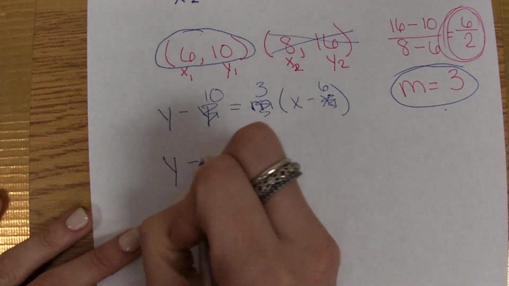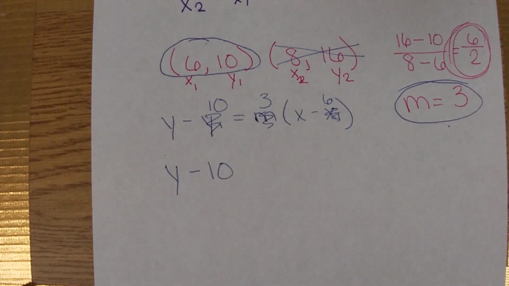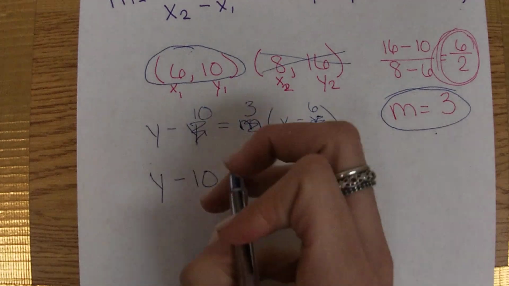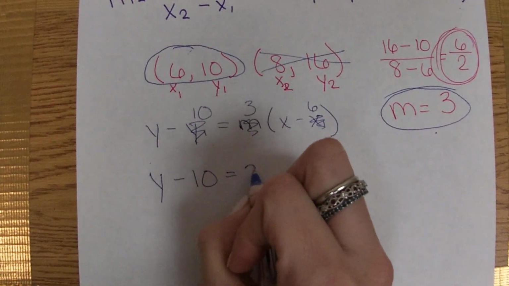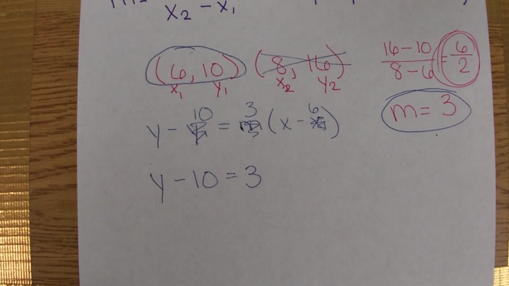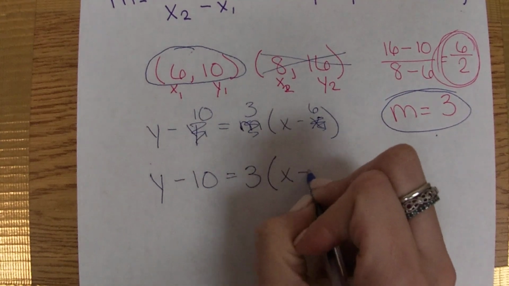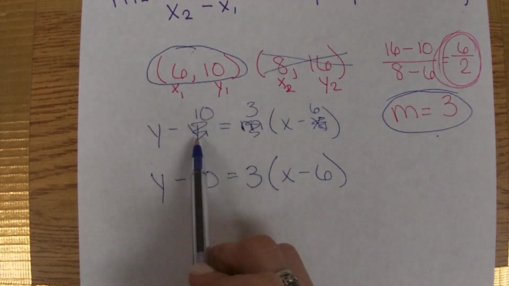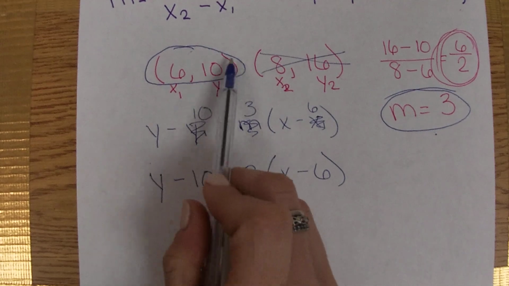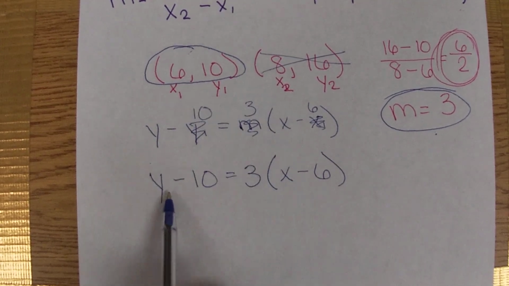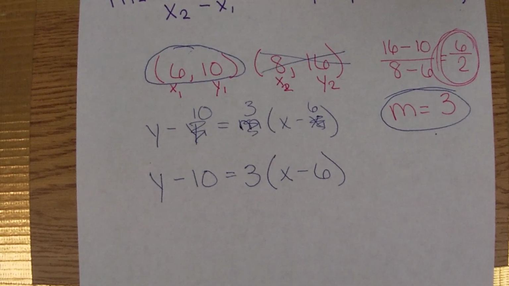So I now have y minus 10 equals m, which is 3, times x minus 6. I'm replacing each of their values into the formula. The y stays and the x stays.